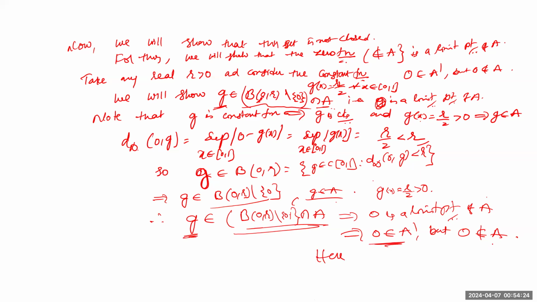So here 0 is a limit point, but 0 is not a member of A. Hence, A is not closed, right?